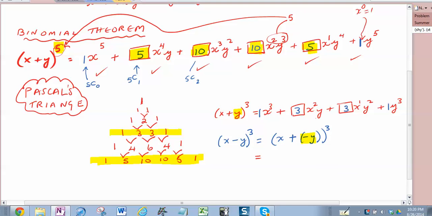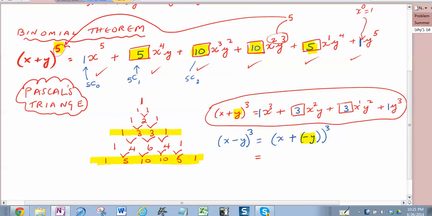So let's take the expansion that I do know, x plus y all cubed. Okay, it is x cubed. Wherever I have y, I'm going to write a negative y. 3x, wherever I have the y, I write a negative y.